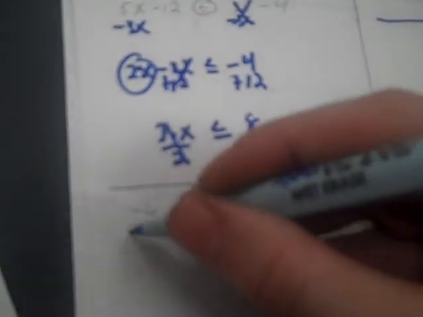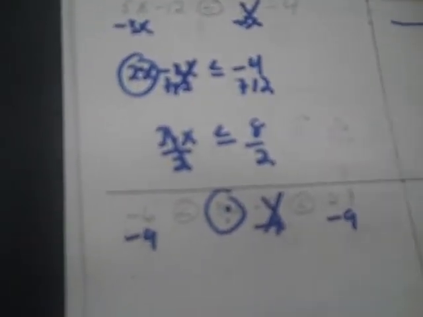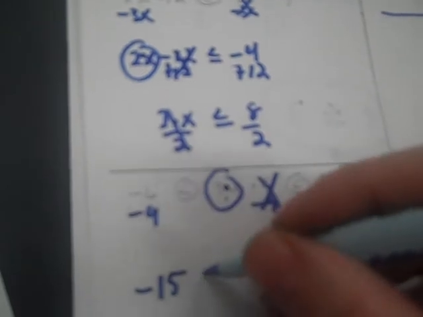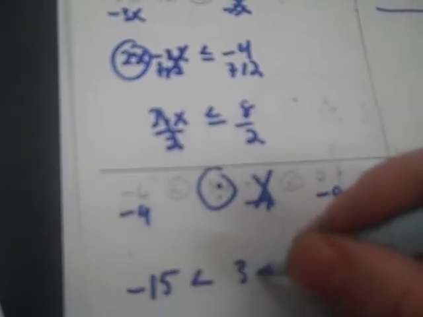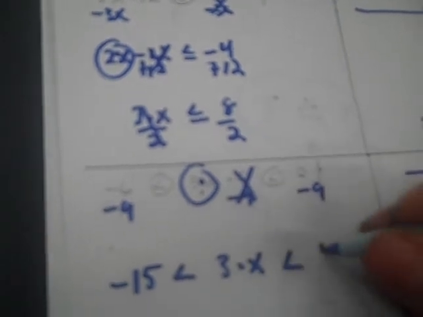Add or subtract outside the circle. So outside the circle we got a plus 9. So I minus 9. And then I would minus 9 from the negative 6 and minus 9 from the 21. So negative 6 minus 9 is negative 15. Then I have the sign. I've got 3 dot x. Then another sign. And 21 minus 9 is 12.